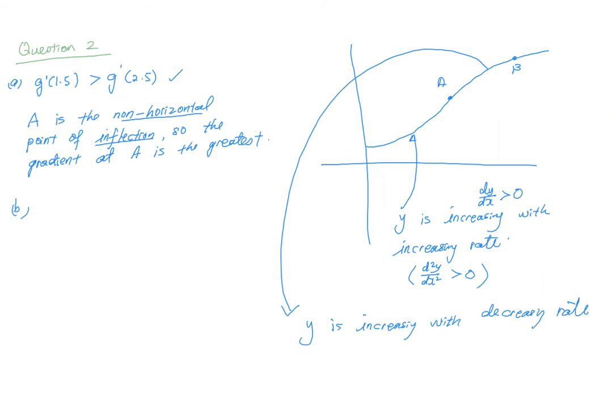Which means that dy/dx is greater than 0, but d2y over dx squared is less than 0 because decreasing rate. Are you clear? Are you okay? Class, any question you like to ask?